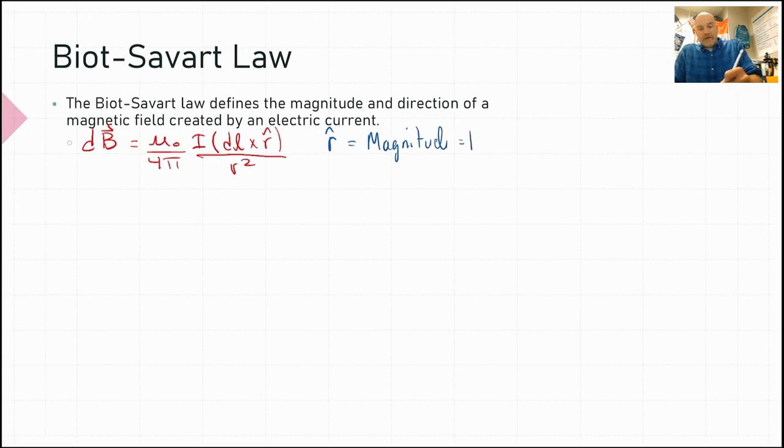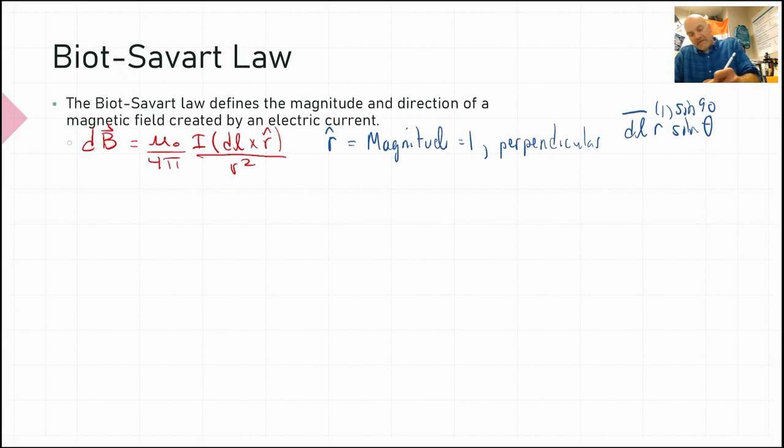Okay, but it's perpendicular, right, to L. So what does that mean? Well, remember, to replace the cross, right, dl cross r hat, we would write dl r sine theta. So if this is 1 and theta is 90, well, the sine of 90 is 1.